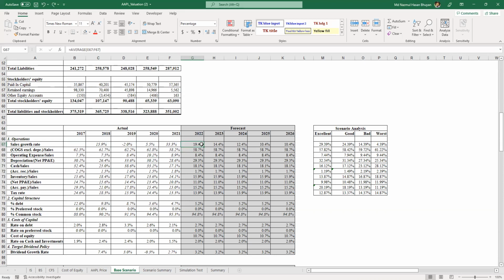So then I expect that the sales growth rate will eventually go down and settle at 10.4% in the year 2026. All right, the same way, you make some forecast for cost of goods sold.